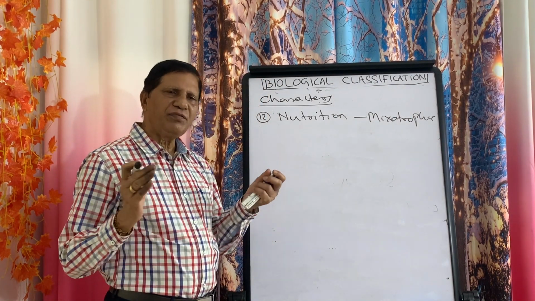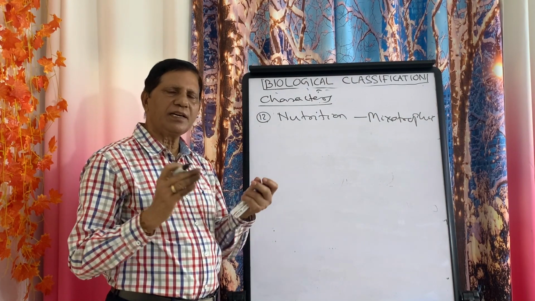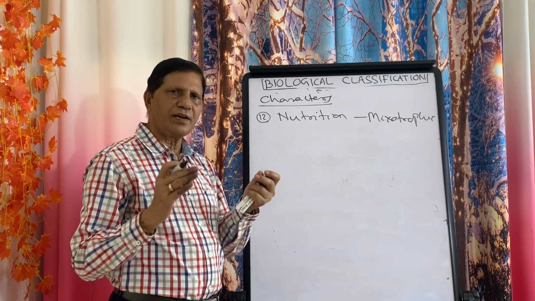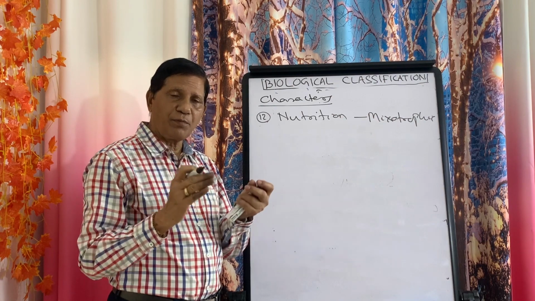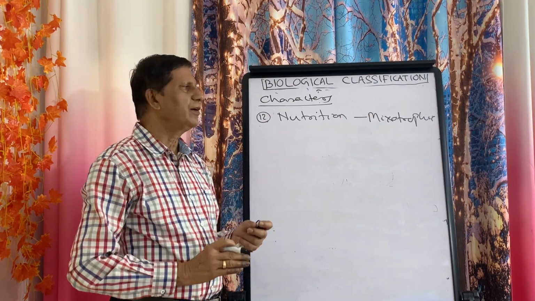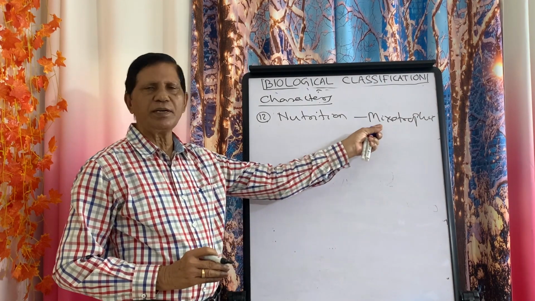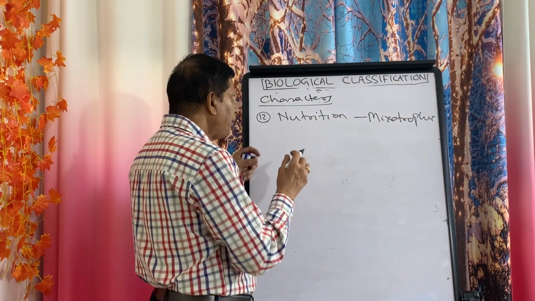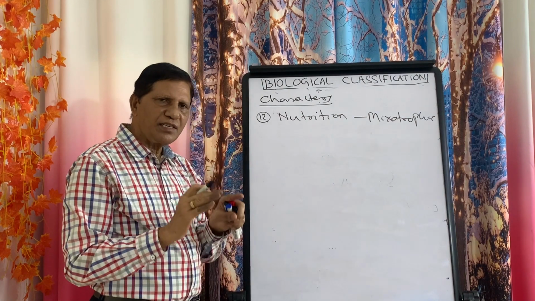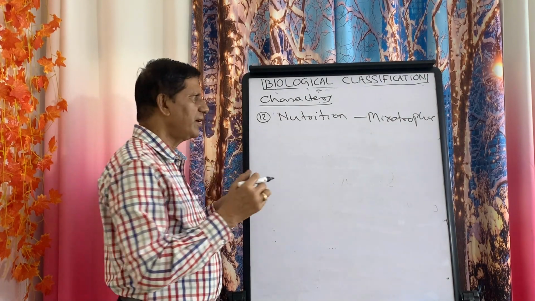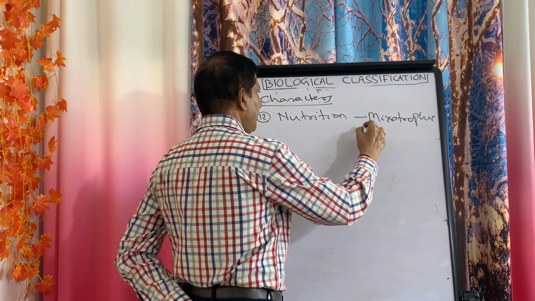Because different types of nutrition, photosynthetic, heterotrophic, saprophytes, all the types are present in case of protists. That is why they are called mixotrophic. This is a very important point. And if we classify the protists on the basis of this nutrition, then we can classify them as such.